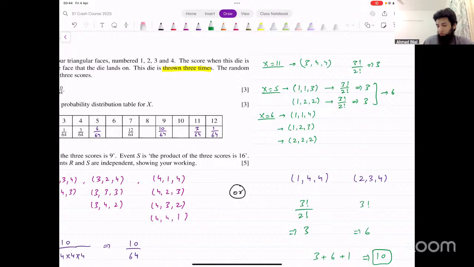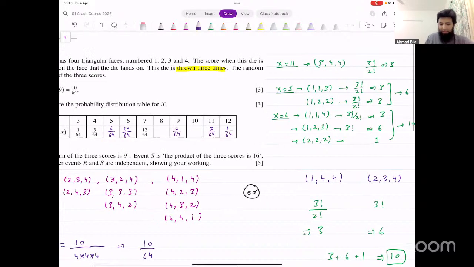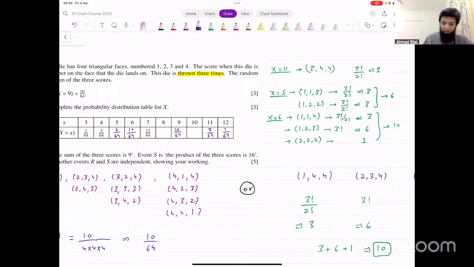With 2, you need a maximum of 2 there, or you have a 1. So the first one is 3 factorial over 2 factorial. That is 3 again. The second one is 3 factorial, which is 6. And the last one is just 1. That gives you 10, which is 10 out of 64. So that's confirming that pattern as well.